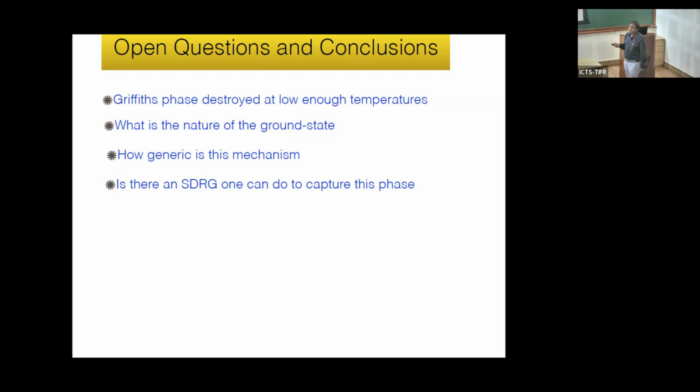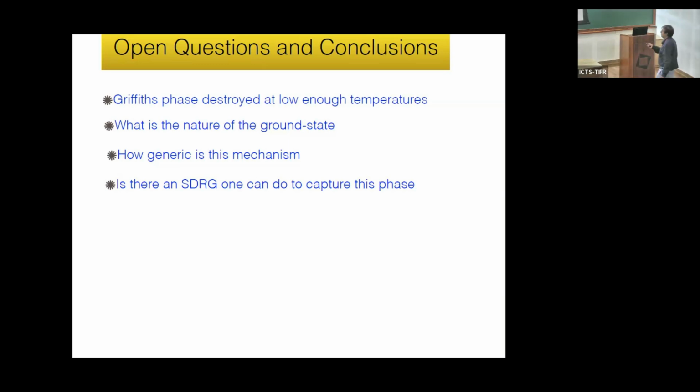Question is, how generic is this mechanism? For example, if you take the other papers that have seen this, if you go to low enough temperatures, do we always visit such a smearing scenario? This is something which we are working on. We have just smelt the pudding being made, but the actual proof is if we can do a real strong disorder renormalization group by putting in some sort of long range interactions and seeing clearly that, at a temperature that is set by some microscopic parameters, the Griffiths phase is seen, and beyond this, it's essentially lost, or it's cut off.